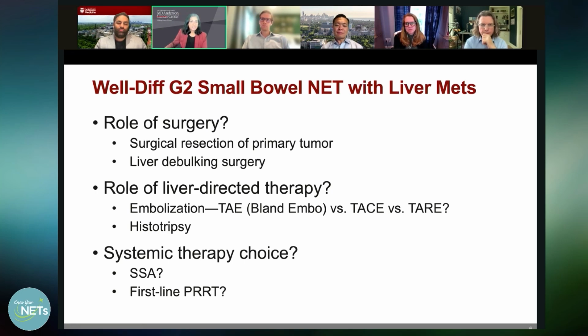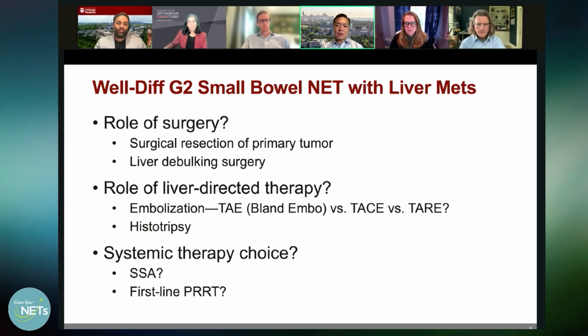Given the distribution of the disease and the symptomatology, you could make an argument that PRRT has good data for symptom control and quality of life preservation. But again, these were studied in the second-line setting when I'm talking about quality of life. So I think get the primary tumor out if symptomatic, start on SSA therapy first, and reassess with imaging and symptoms later would be my choice.